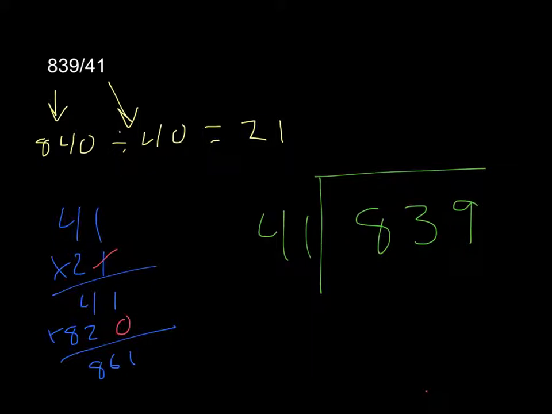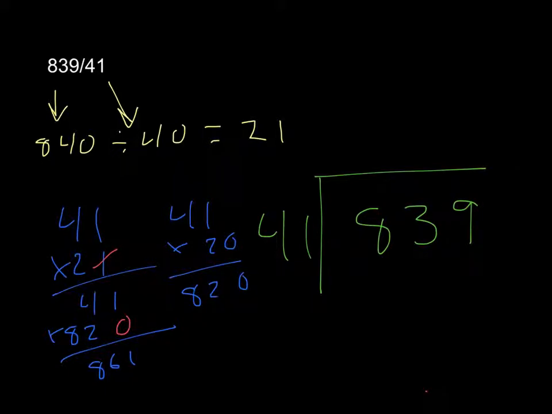Now I can subtract 21, or I can solve it again. And if I do 41 times 20, I end up with 820, which is much more of where I want it to be.